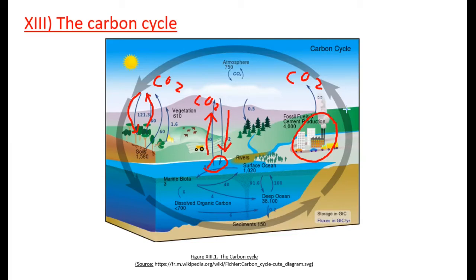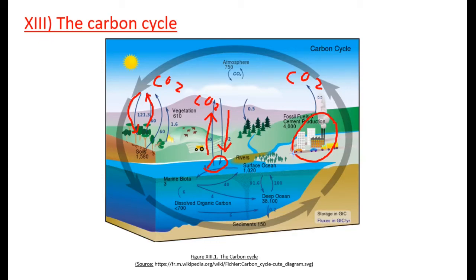It got transformed into coal, which is really rich in carbon. So when you burn coal, this carbon is going to be released in the form of CO2. And you probably know that climate change, the fact that there's more CO2 in the atmosphere, which increases the temperature, is due to this combustion of fossil fuels and, for example, production of cement.